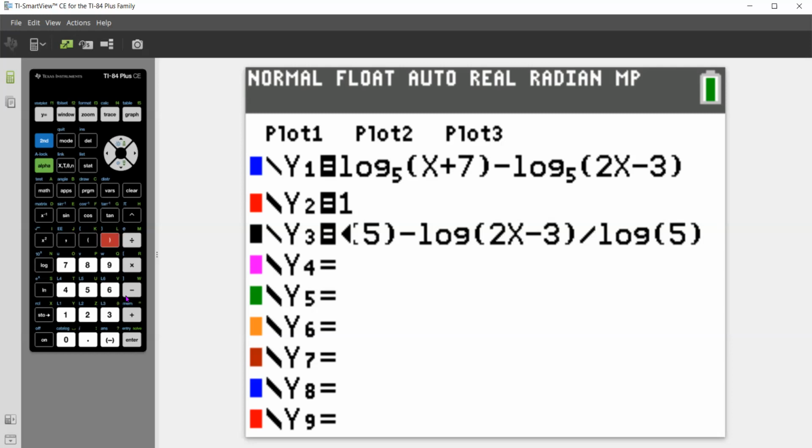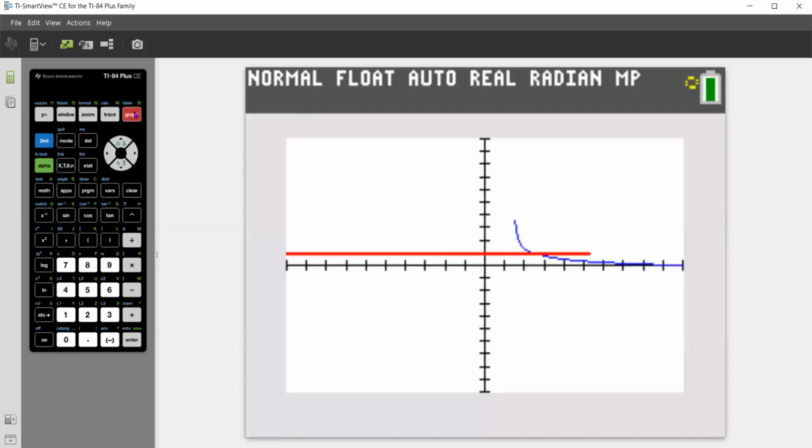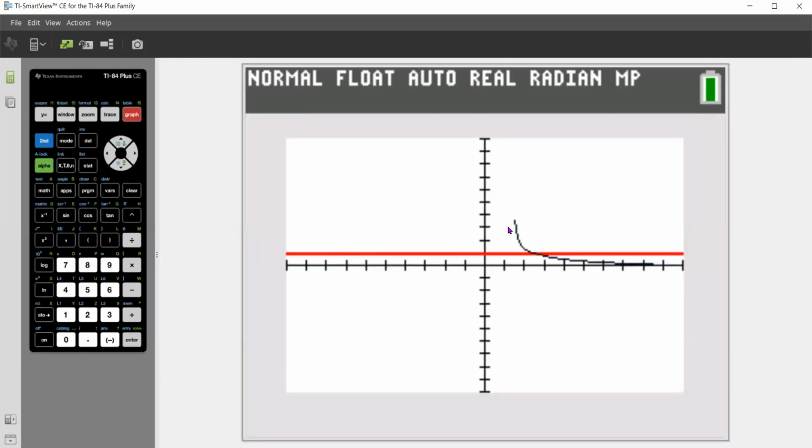So now when we graph this function, let me get rid of that 8 that I accidentally typed on there. Y1 and Y3 should be the same function. So let's go ahead and graph it and see what happens. Notice how the graph turned blue first and then it went to black.